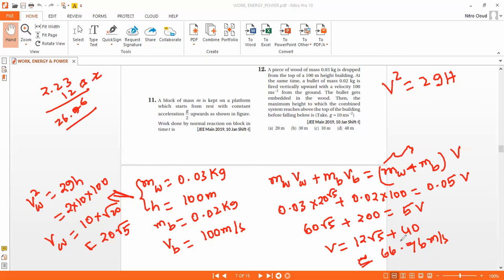Okay, 66.76 whole square is equal to 20h. So h is equal to, how much will we get?